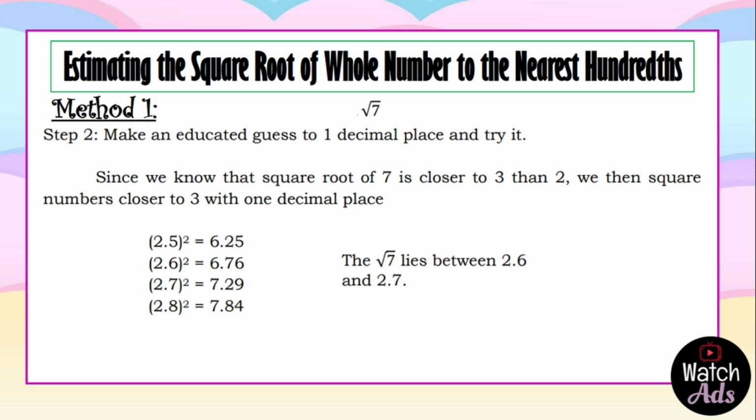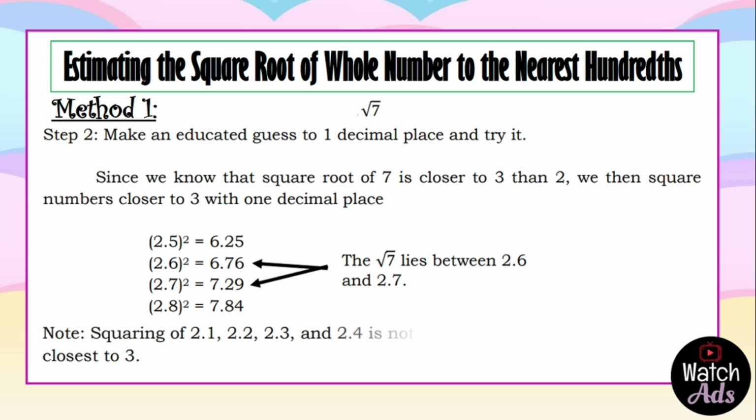The square root of 7 lies between 2.6 and 2.7. Note that squaring 2.1, 2.2, 2.3, and 2.4 is not necessary, since the square root of 7 is closer to 3.